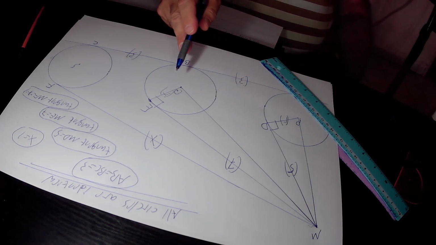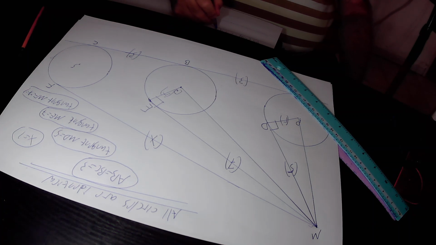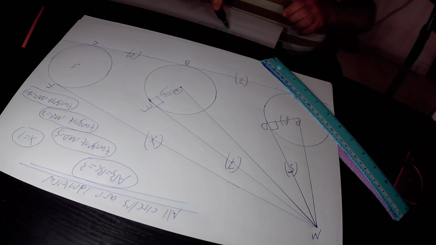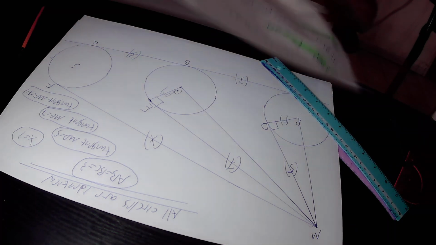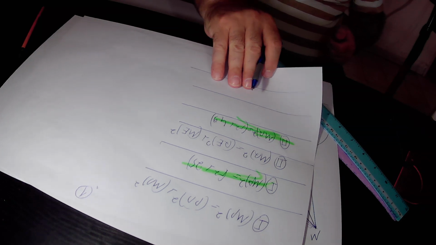ME is 7, therefore ME squared is 7 squared, that is 49. So in total, according to equation 2, we find that MQ squared equals R squared plus 49.